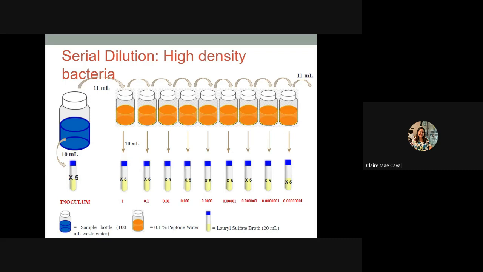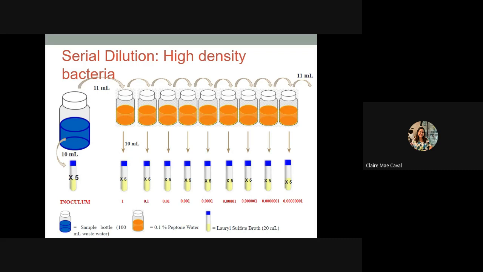So this is the series of dilution performed in your wastewater and recreational water. So yung dilution is inversely proportional to the amount of bacteria or to the inoculum. So magka-increase ang dilution, magka-decrease ang concentration of bacteria.